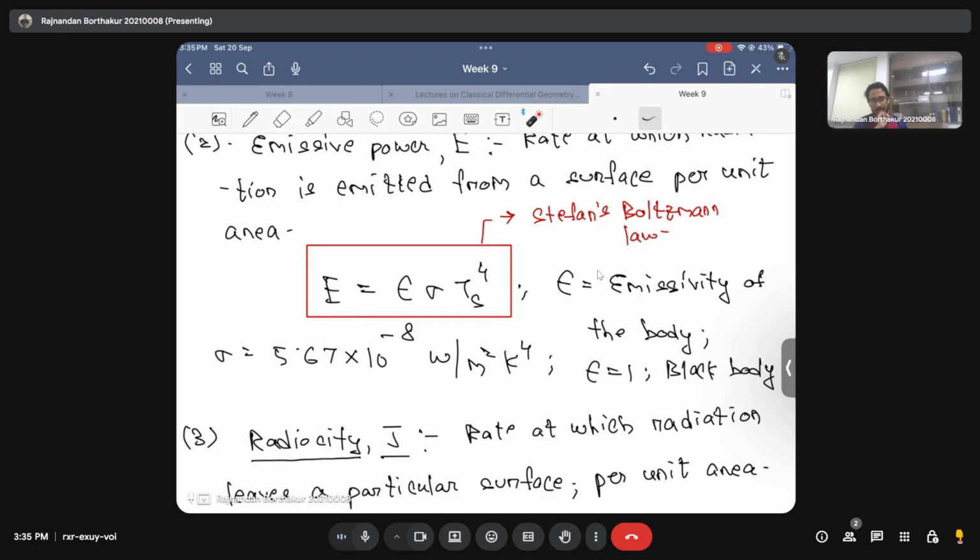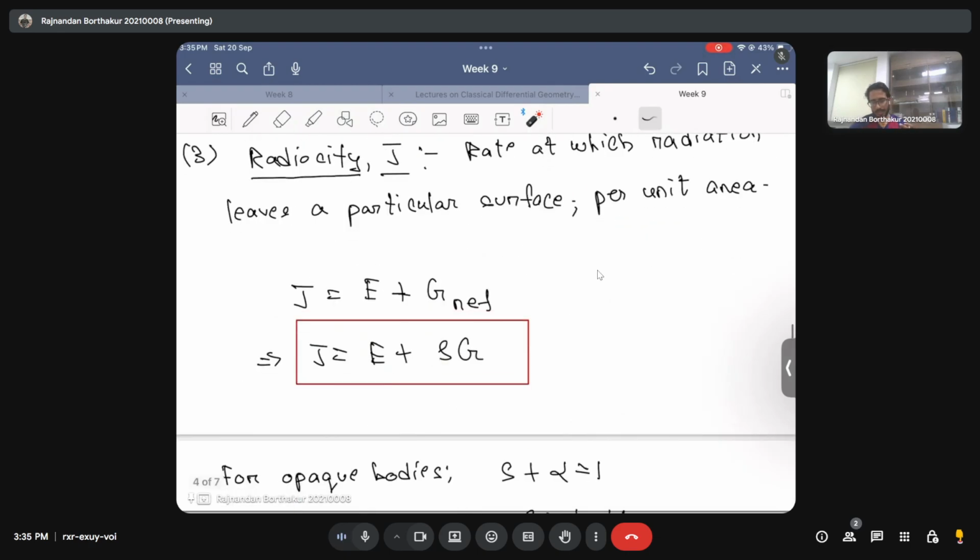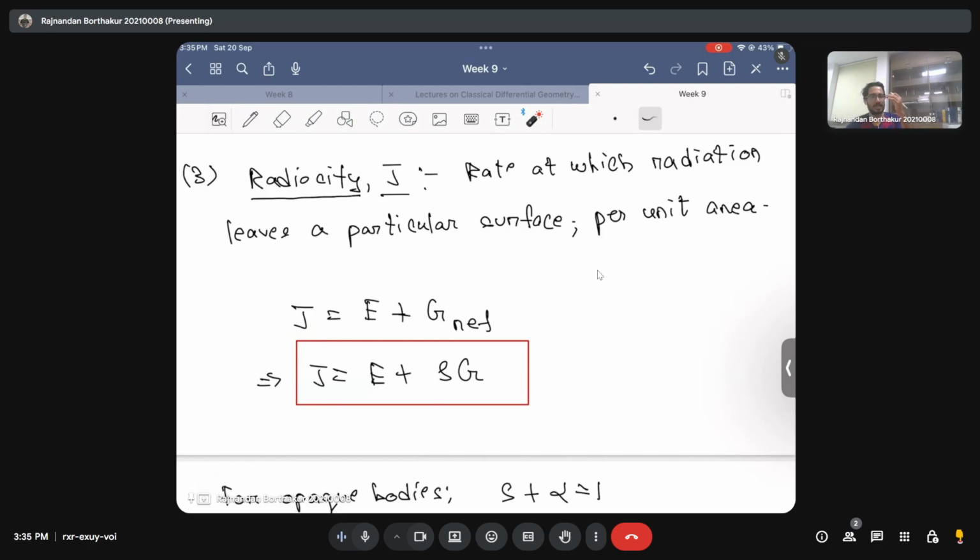We will discuss this in detail in the discussions that follow. But anyway, I hope you can realize that the radiosity, which is the net radiation leaving a particular surface, comprises two things.